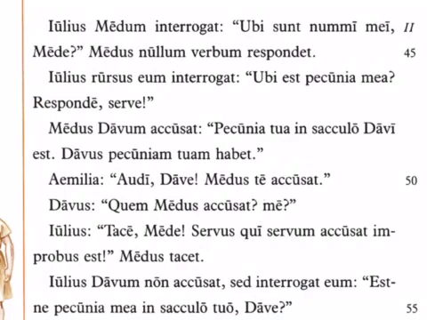Medus davum accusat. Medus accuses Davus. Pecunia tua in saculo Davi est. Your money is in Davus's pouch. Now, notice that it doesn't say Davus, it says Davi. Remember that from chapter 2? That's called a genitive case. That long I ending means it's possessive. Your money is in the pouch of Davus, or is in Davus's pouch.